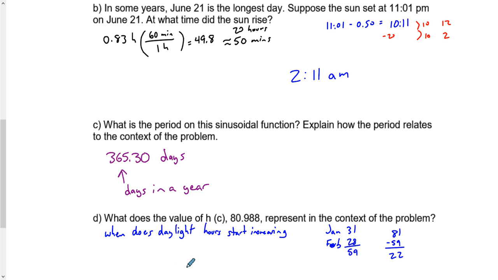Which means on March 22nd, which is the spring equinox, our days start getting longer. We get more daylight hours in the year.